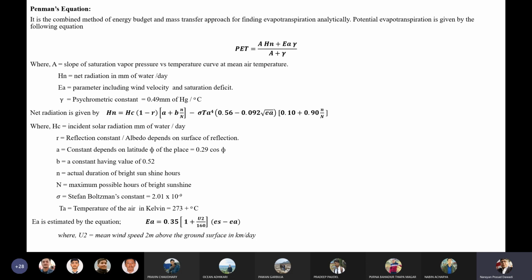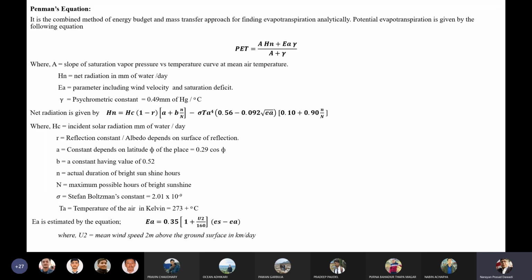If the temperature is given in degree Celsius, you have to convert it into degree Kelvin. TA, temperature of the air in Kelvin, can be calculated by 273 plus degree Celsius.